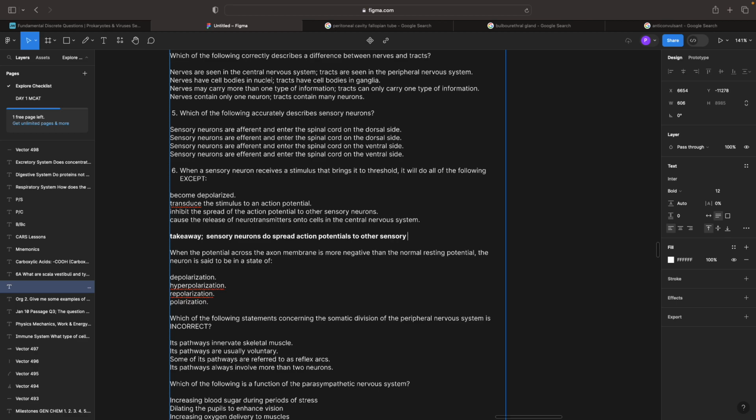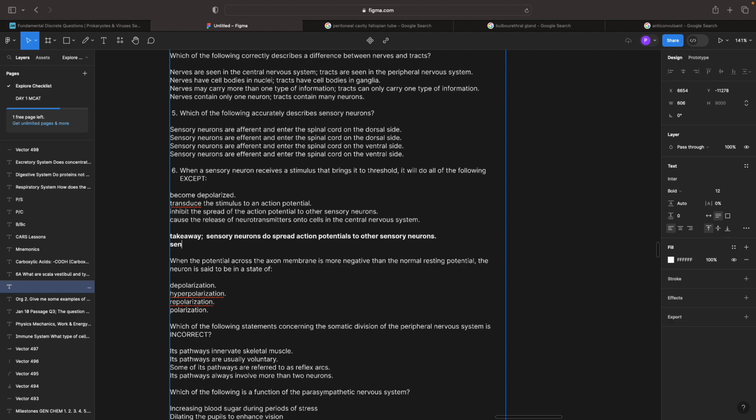Another one is that sensory neurons, or afferent neurons, cause release of neurotransmitters onto cells in the CNS.